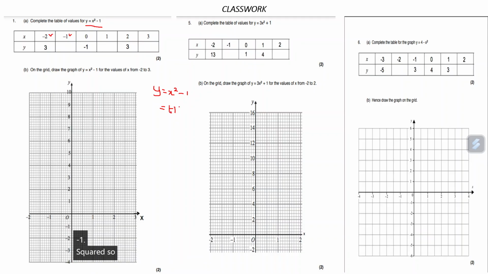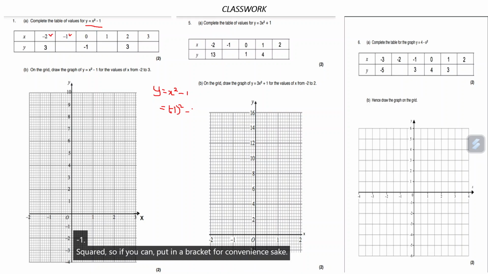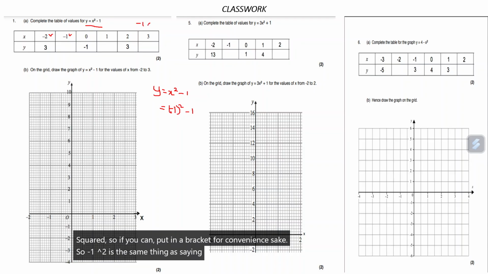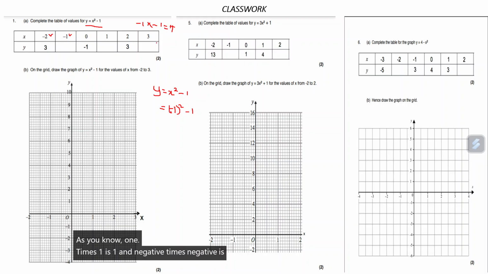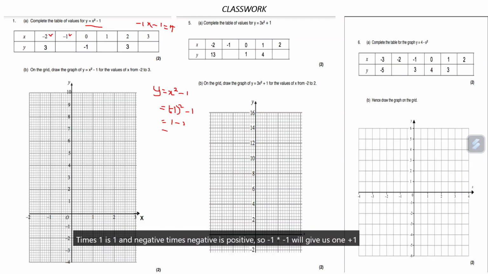So if you like, you can put in a bracket for convenience's sake. Minus 1 squared is the same thing as saying minus 1 times minus 1. As you know, 1 times 1 is 1, and negative times negative is positive. So negative 1 times negative 1 will give us positive 1. Then 1 minus 1 will be equal to 0. So this will be 0.